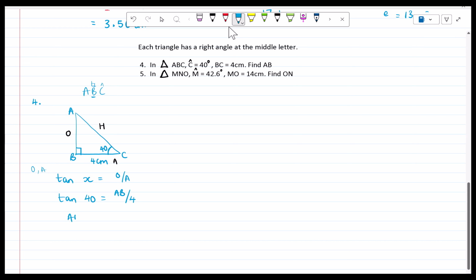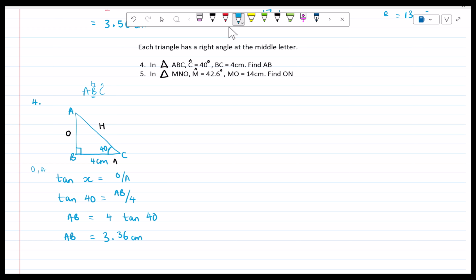So to find AB, we are going to say 4 multiplied by tan 40. And to find our answer to 3 significant figures, the value would be 3.36 centimeters. That is the value of AB.